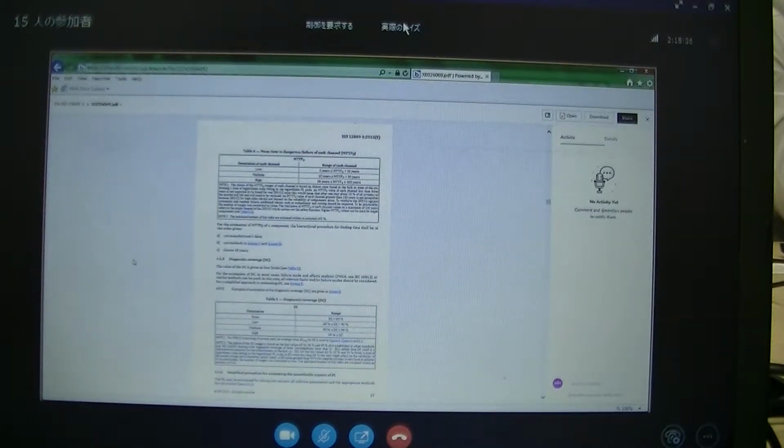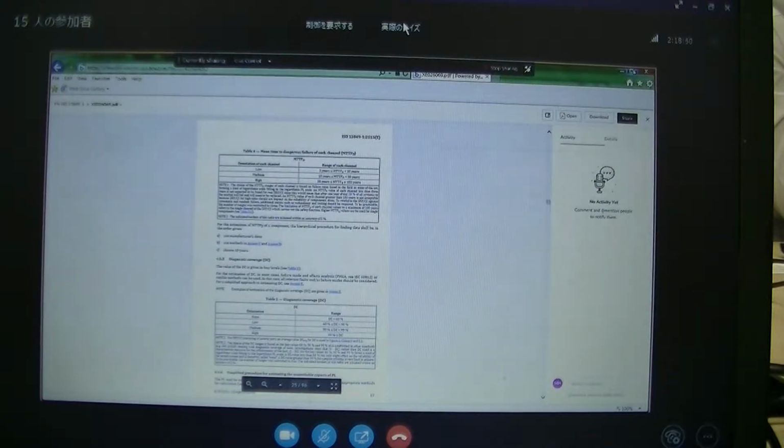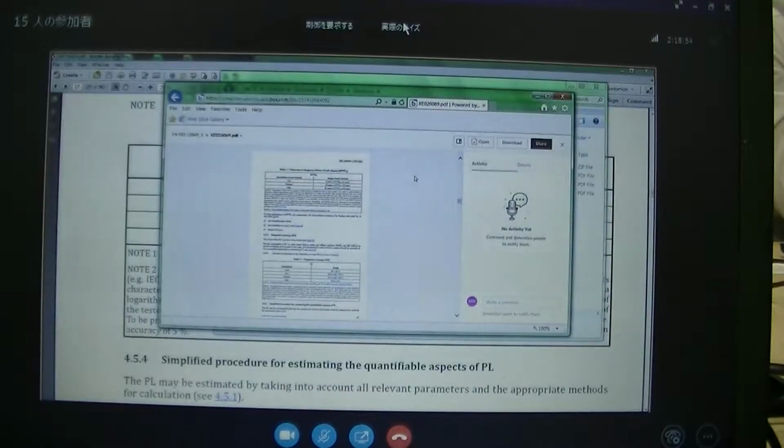At least everyone in the industry I know, if they need any standard, they contact AFNOR. There's an official website. You as a Schneider employee, you can just apply for access.